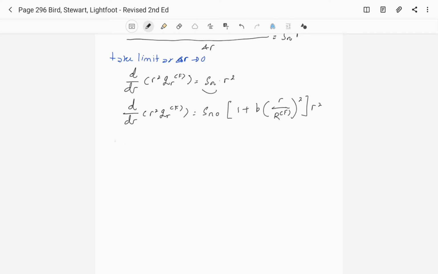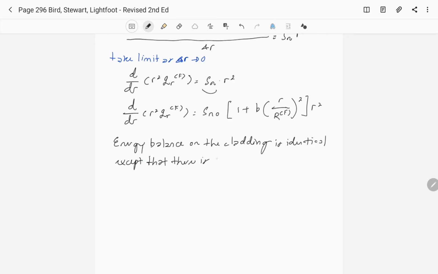We can also derive the same for the aluminum cladding, with the difference that there is no generation of heat.